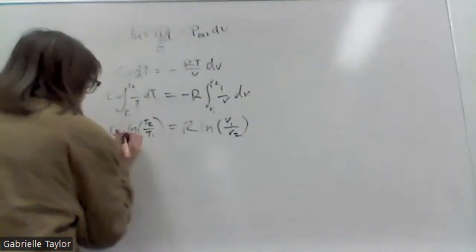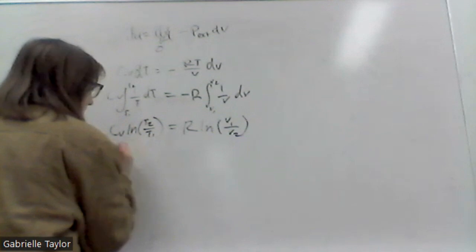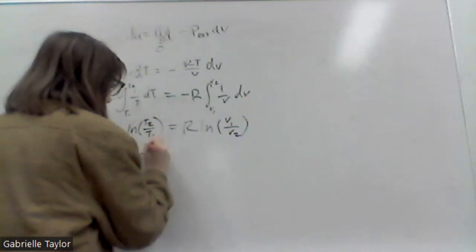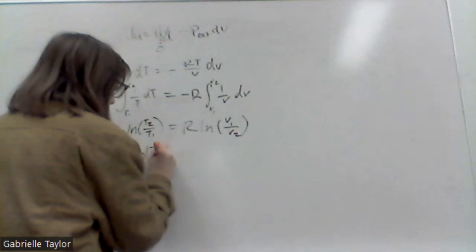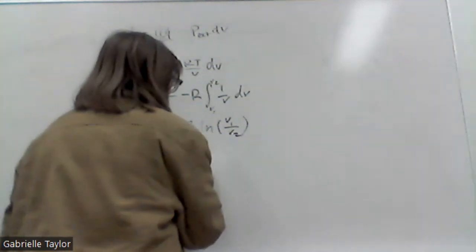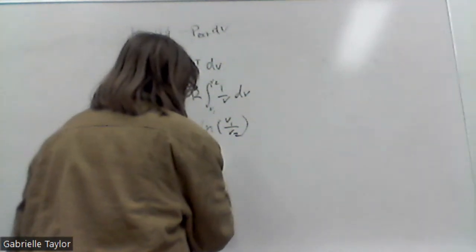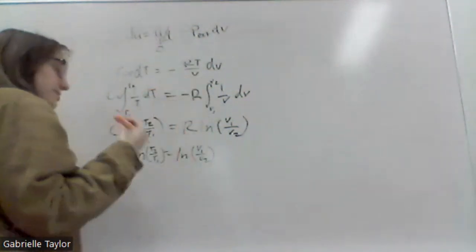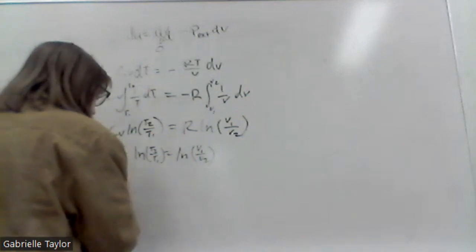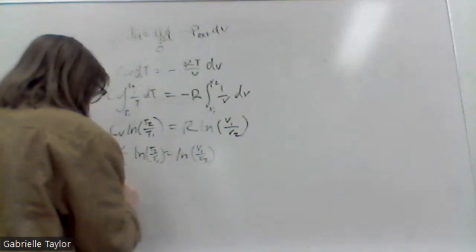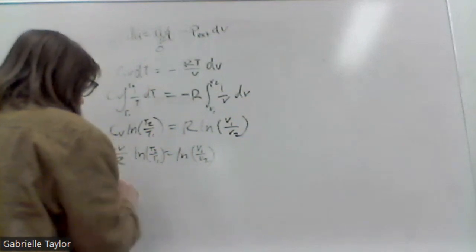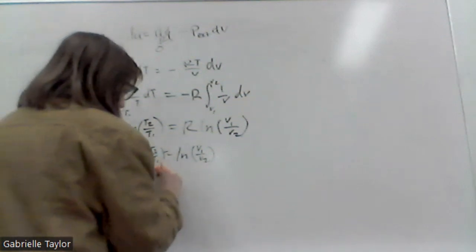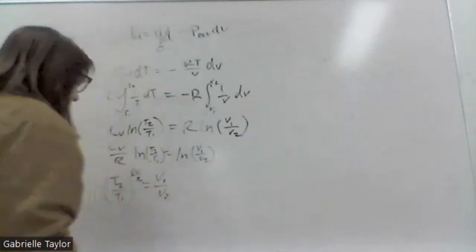So it's going to be Cv over R times ln T2 over T1 equals ln V1 over V2. Then we bring that up and cancel out our ln's. So that is going to equal T2 over T1 to the Cv over R equals V1 over V2.